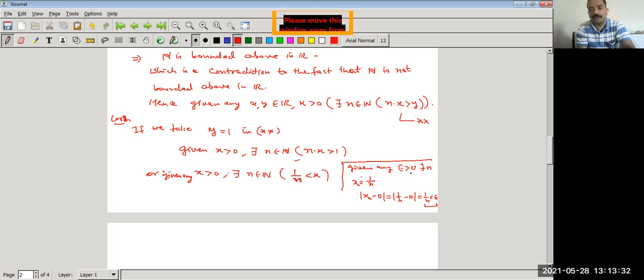Given any epsilon greater than 0, there exists a natural number n such that, when we use the definition of convergence, mod xn, if we get 1 upon n or 1 upon n plus 1, then we directly write that this is less than epsilon, because of Archimedes property. So in this way, we can use the Archimedes property in convergence also.